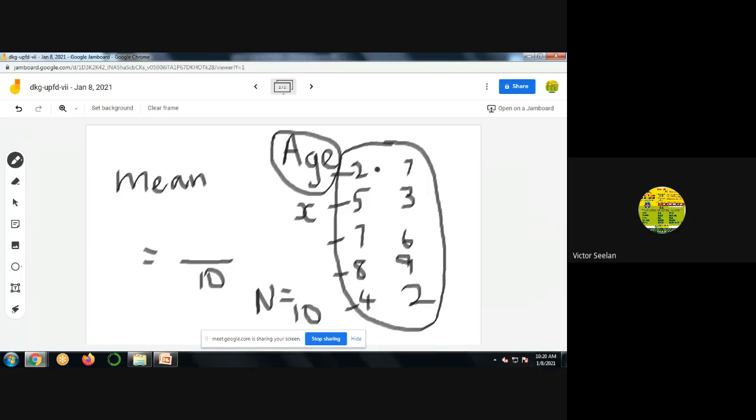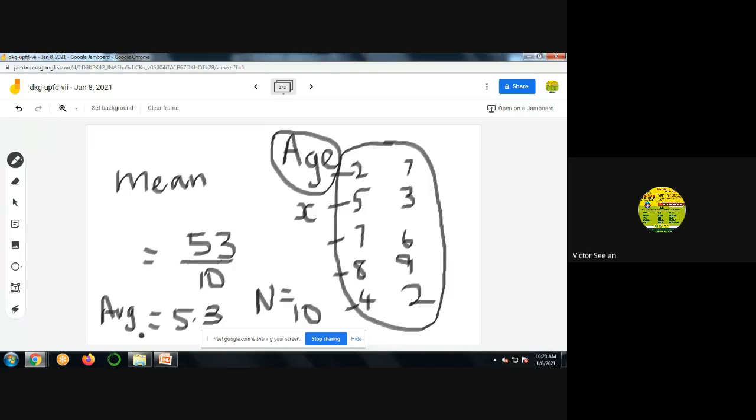Adding all the numbers: 5 plus 5, 7, 7, 14, 14, 22, 22, 24, 26, 26, 36, 42, 51, 53. So 53 by 10, you get 5.3. This is our average.